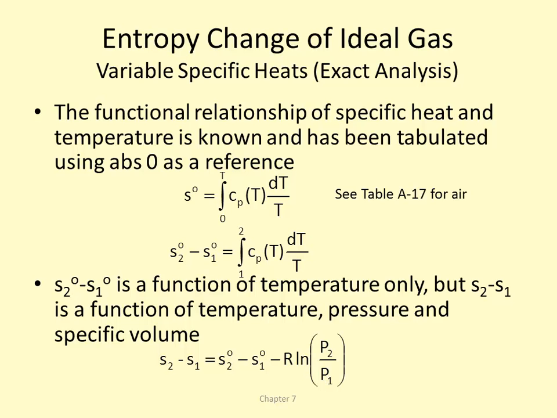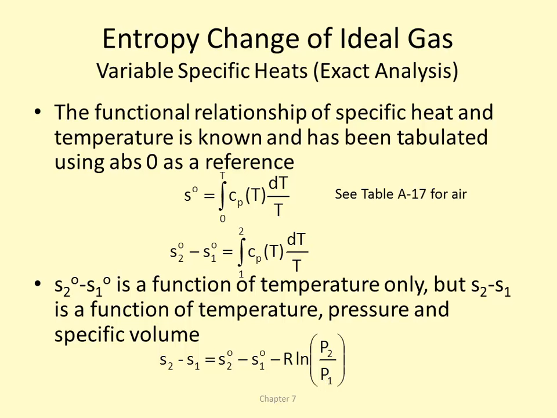You don't have to worry about the pressure. But this is a correction factor that allows us to tabulate these values based on temperature and use them to calculate the actual values, which are based on temperature and pressure. So instead of having a whole new table with temperature and pressure varying and having to interpolate, you can just use this to calculate it. Does that make sense? Do you guys remember doing this?